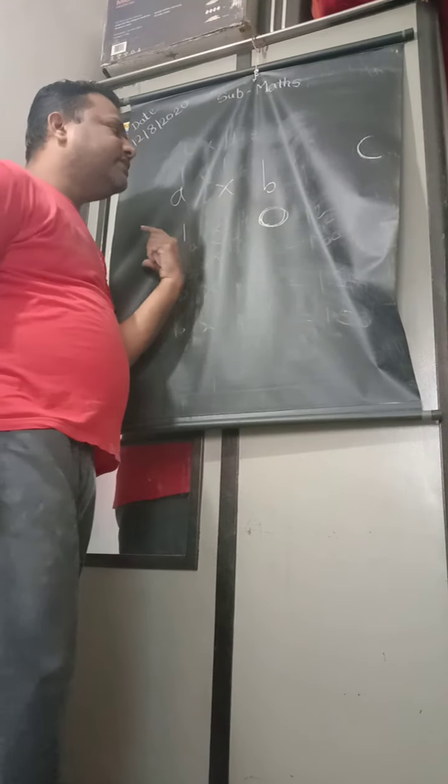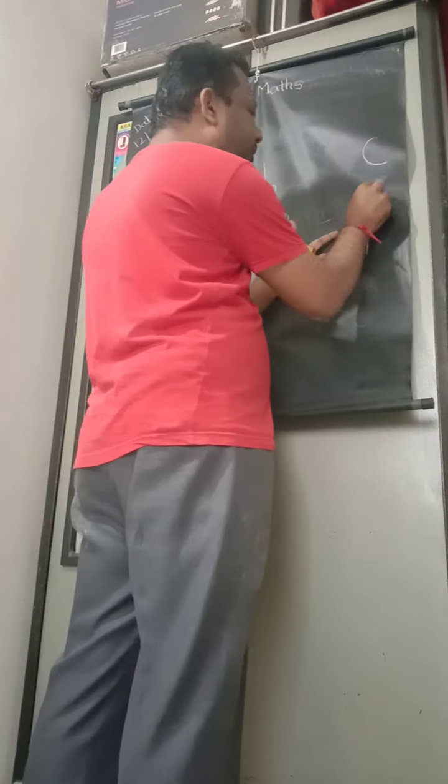So when one bulb is on and another is 0, the answer is 1 into 0, and any number multiplied by 0 is 0. So this is 0.